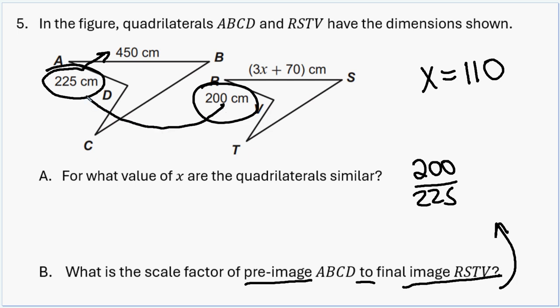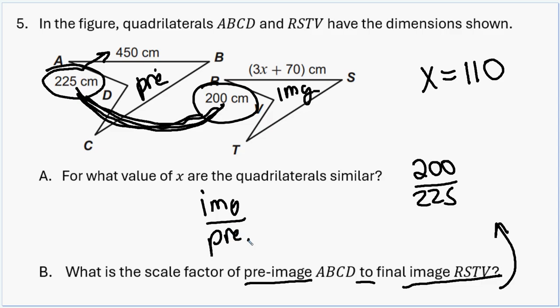That's the side that we know both at the start of the problem. And let's see, this would be our pre-image, and then this would be our image. So we're going to set that up as a fraction, image in the numerator, pre-image in the denominator. And that would reduce down to 8/9, or if you punch it in your calculator, you're going to get a decimal 0.8 repeating.